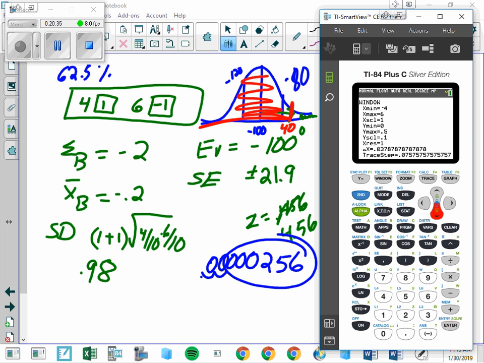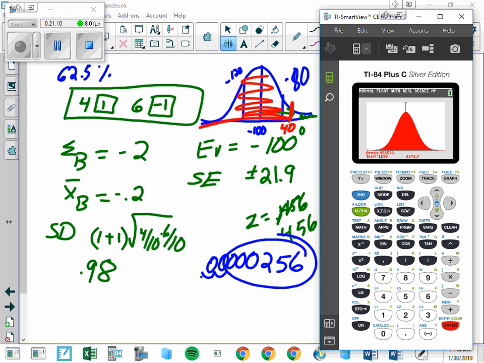I'll go back in and fix my window. So we will shade norm from negative infinity to 2.7, which is pretty much everything, 99.6%. So you are almost guaranteed to lose more than $40 if you play.